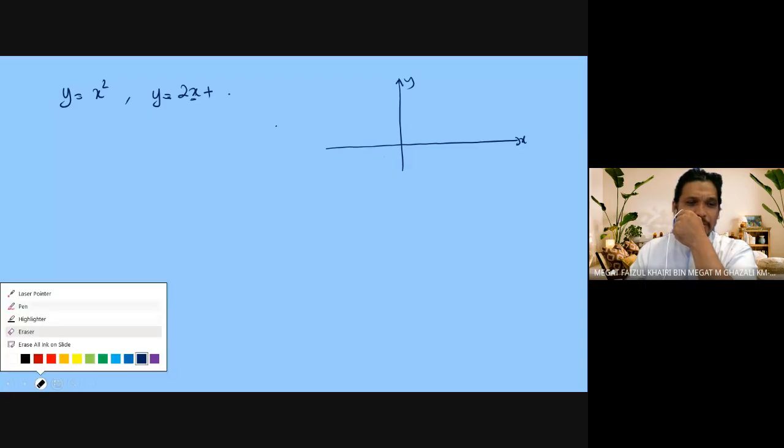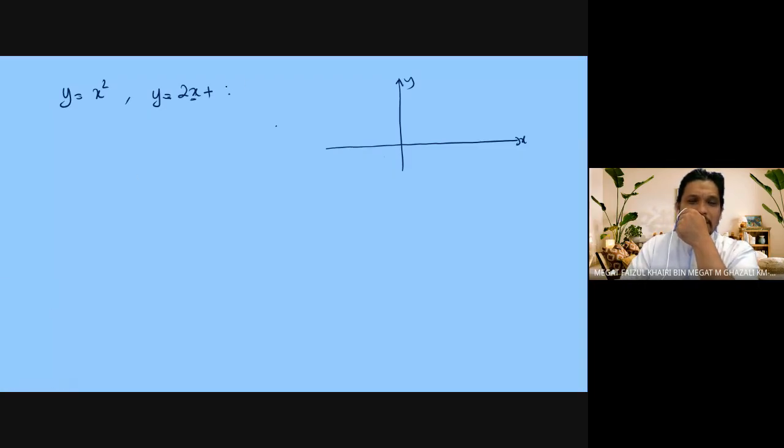So firstly, let's say this is the graph given to you.